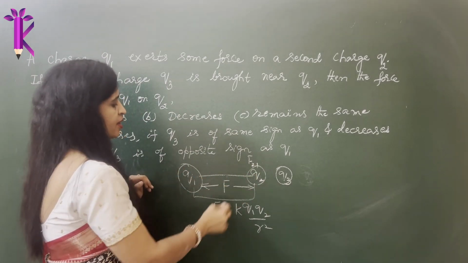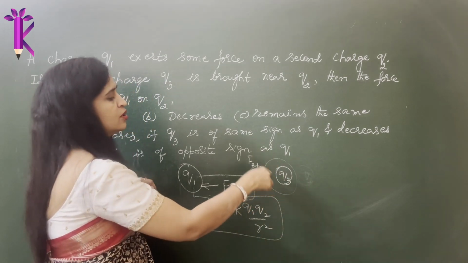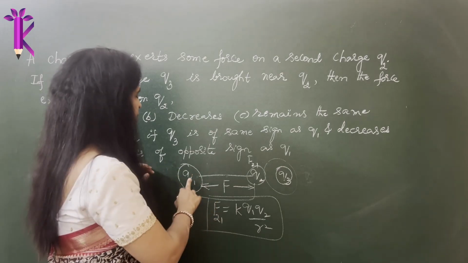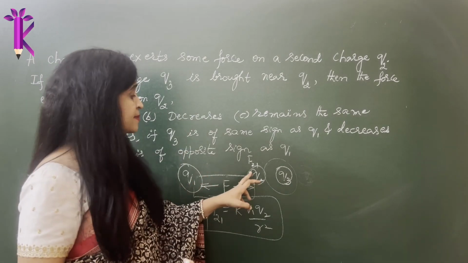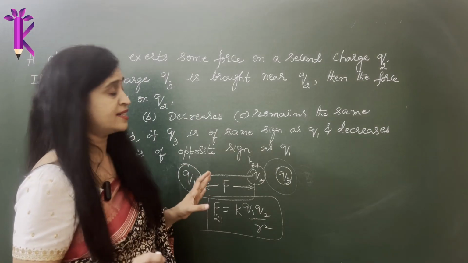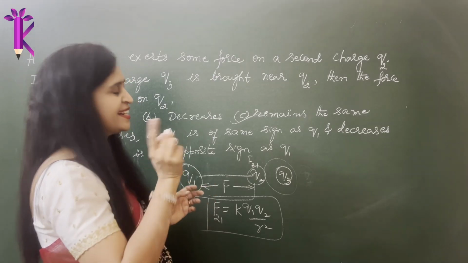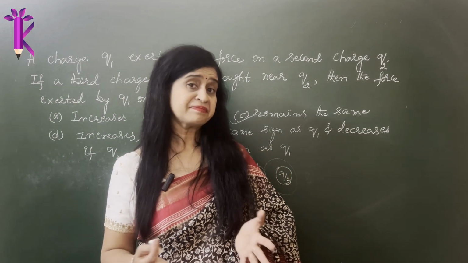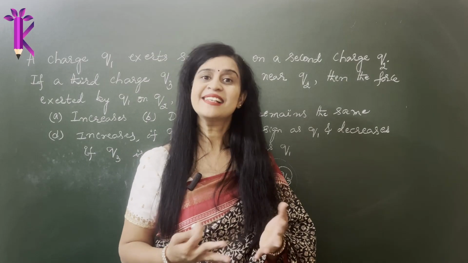So these are the two charges involved. So the force remains the same irrespective of not only Q3, even if you bring hundreds of charges here, the force exerted by Q1 on Q2, or the force experienced by Q2 solely because of Q1, does not alter. So the answer is remains the same. You can just take it in hardly a second. You save almost 59 seconds here if your concepts are crystal clear.